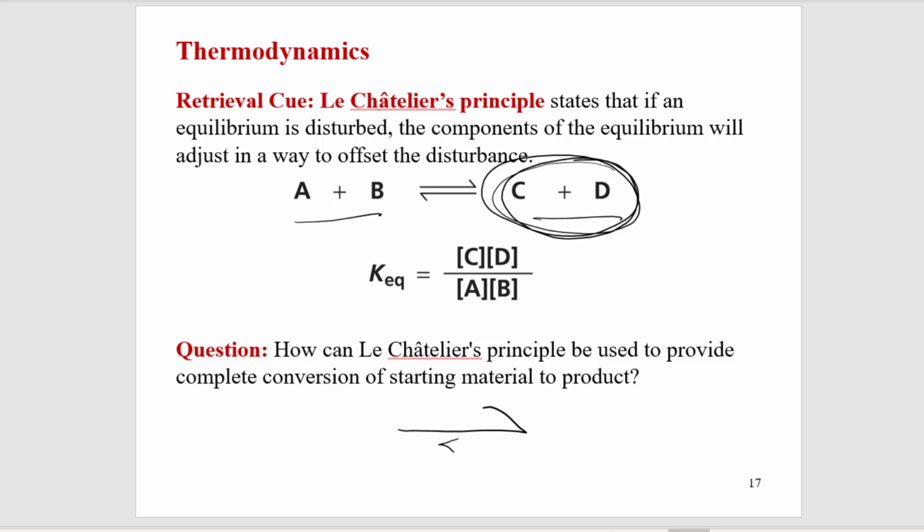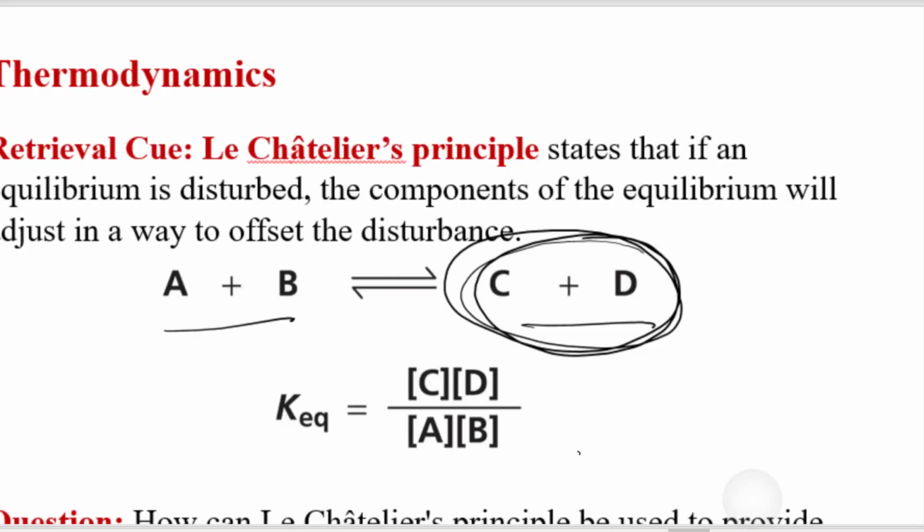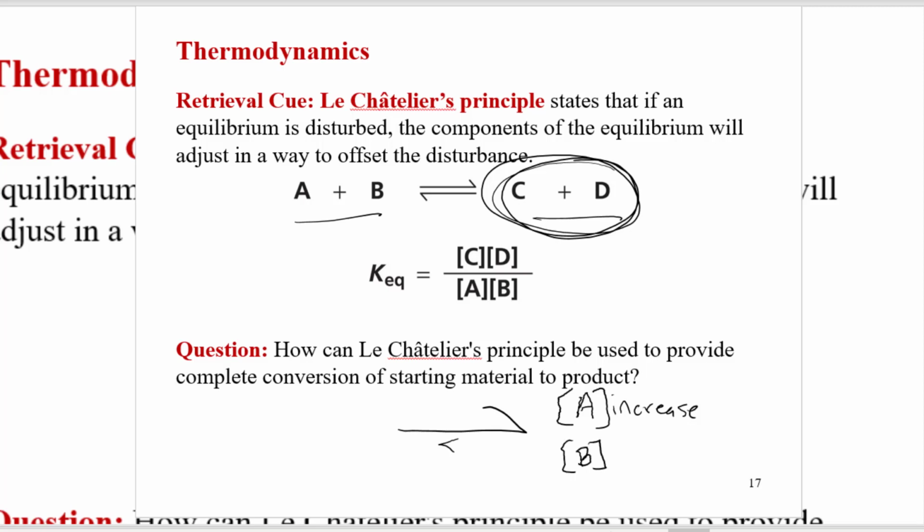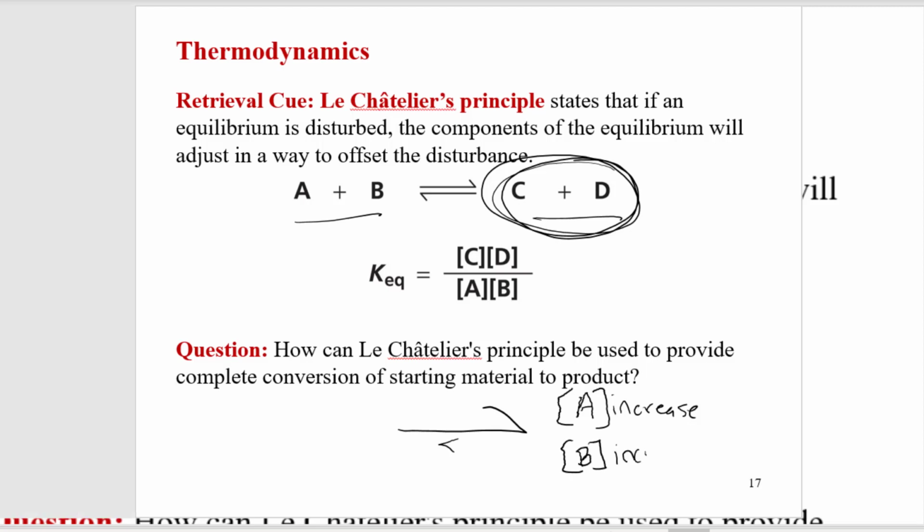Well, if you said I could increase A concentration, you would be correct. If you said increase B concentration, you would also be correct. That's one way to do it. You could increase the concentrations of your starting material so as to shift the equilibrium to make more C and D.